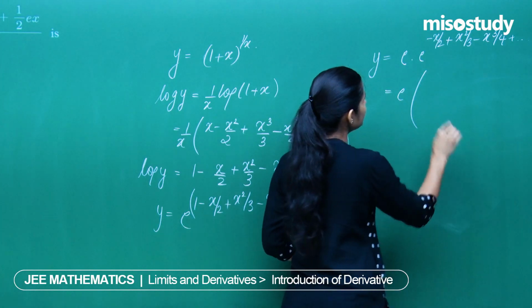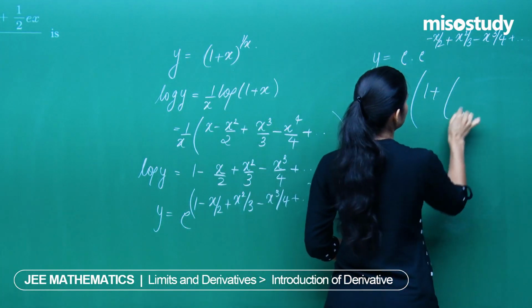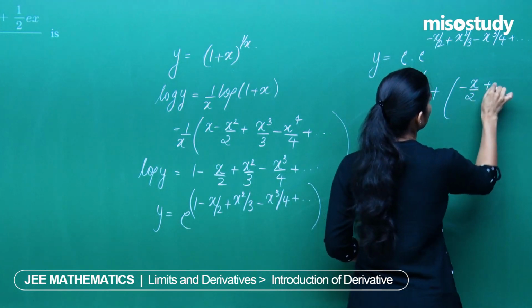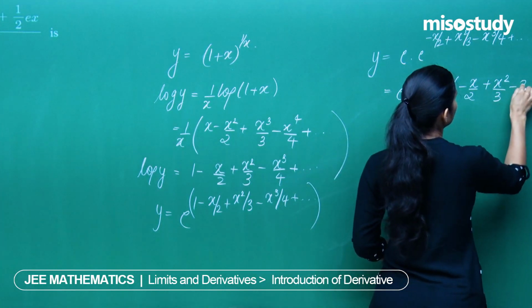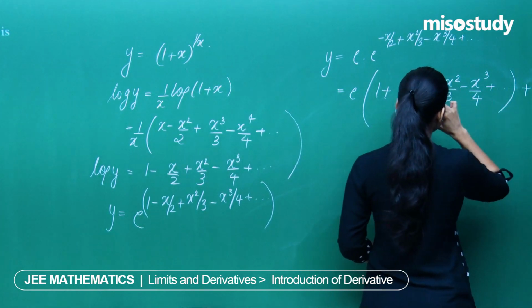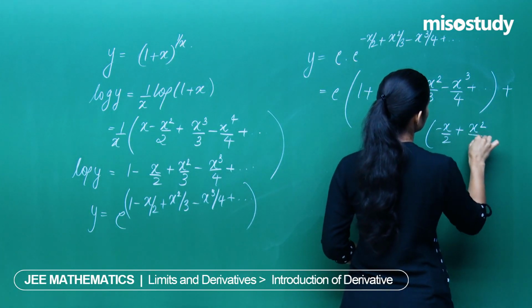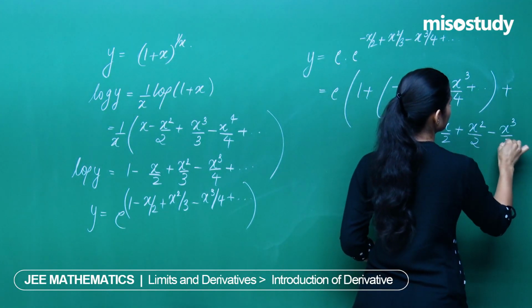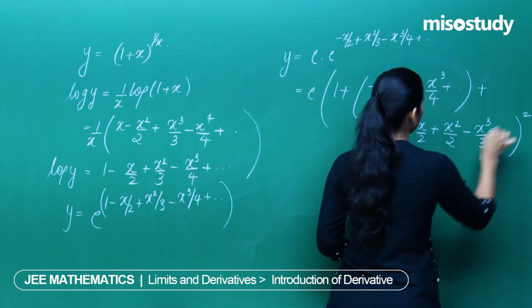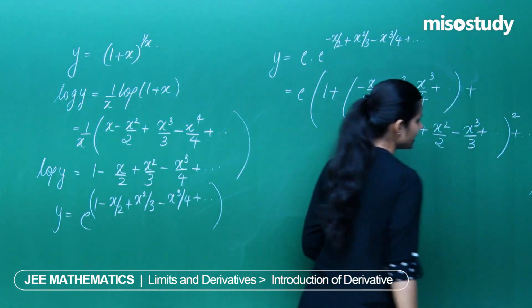Here now I am going to use the expansion of e to the power something, which is 1 plus that something plus that something whole square by 2 factorial and so on.